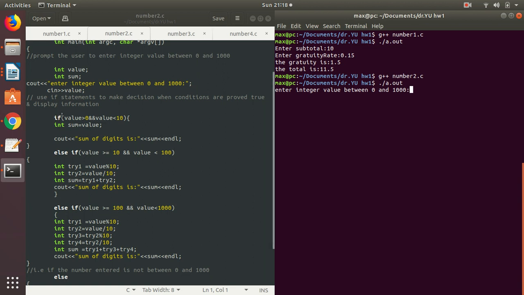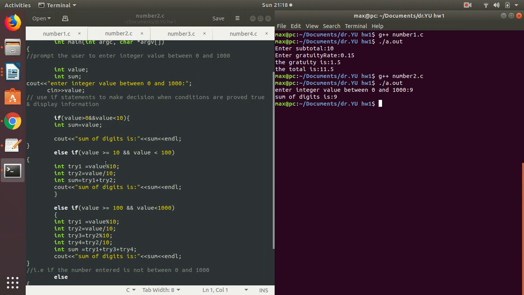If it's not proved, then we shall see what next. So value greater than 0 and less than 10, so it can be 9. When the value is 9, the sum of digits is this. It verifies this: sum is equal to value.